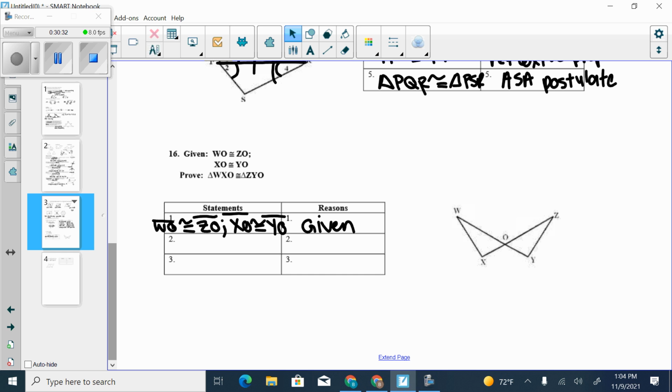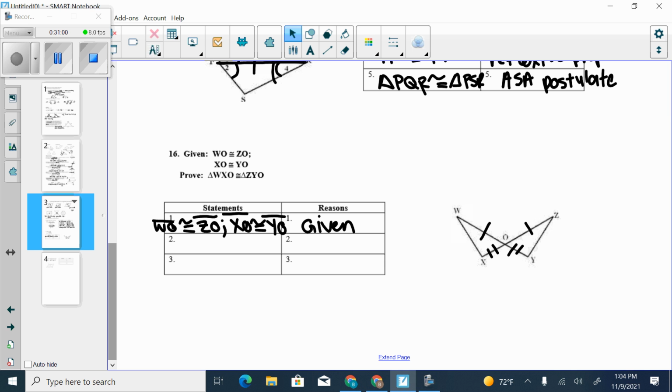Okay, so I'm going to come over on the figure and mark what we just wrote down. WO, which is this line here, is congruent to ZO, this line here. And they said that XO, which would be this line segment, is congruent to YO, which would be this line segment. Okay? All right, so they actually already gave us 2 out of our needed total of 3 things.